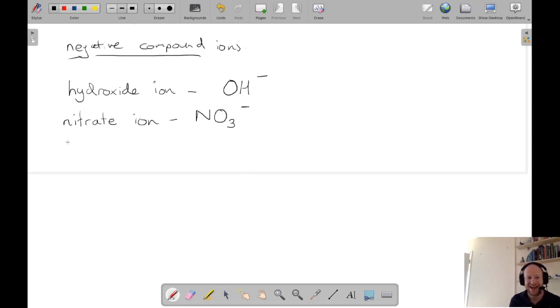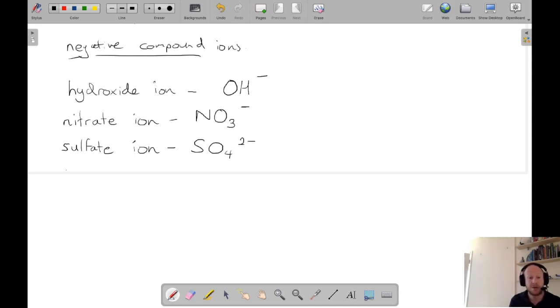Okay. The next one we come across also comes from an acid. This comes from sulfuric acid. We have the sulphate ion. Now the sulphate ion comes from sulfuric acid, and it is the SO4 2- ion. That means it has 1 sulfur and 4 oxygens and a double negative charge, a 2- charge.